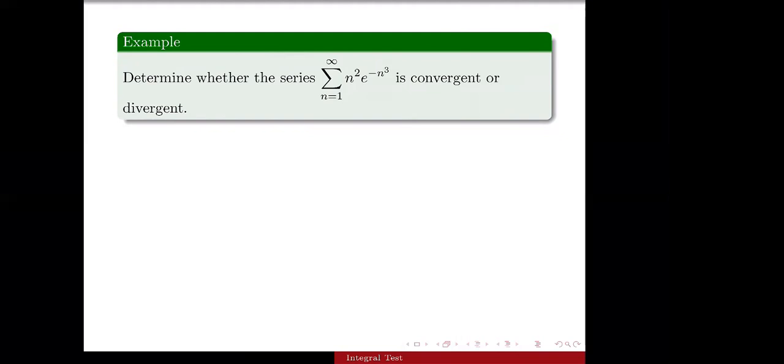So for this, let f of x be equal to x squared e raised to negative x cubed. For you, I want you to verify. We start from x equals 1, so our x is greater than or equal to 1.